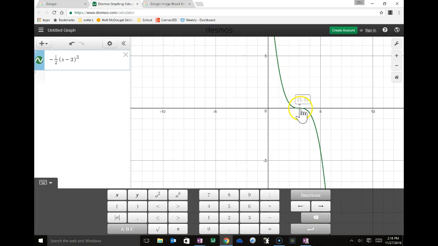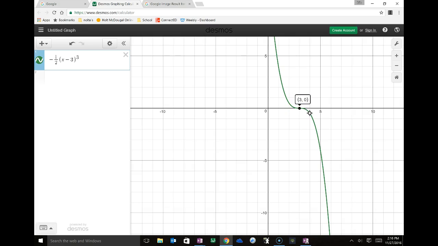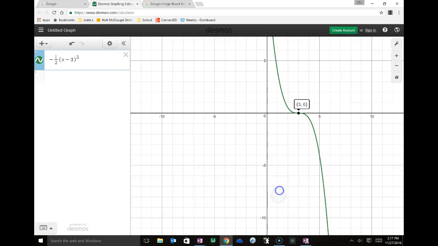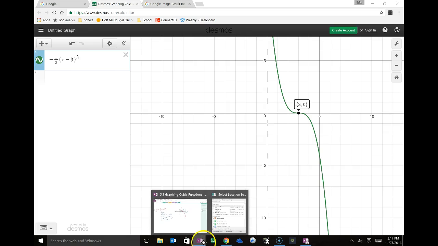There's the vertex, and then you can see that the slope is right here at 4 and negative 1/2. There it was. So it's not down 1/2. You see how that's not right? Down 1/2 would not be on our function.